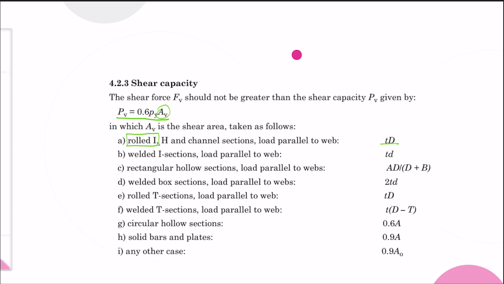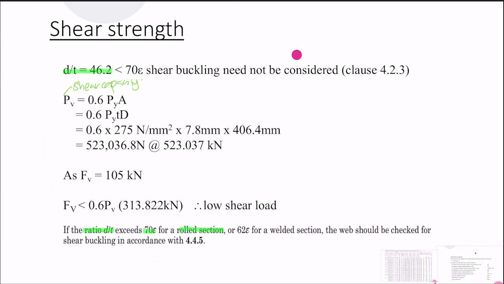Therefore, it is T D, so T times D. So when you look at the formula here, okay, A, the area, is T D, it replaces it. Right? So just put in the value 0.6 times PY, which is 275, the steel strength, multiplied by T. Okay, T we don't know and capital D we also don't know. These must be values from the properties of the section itself.